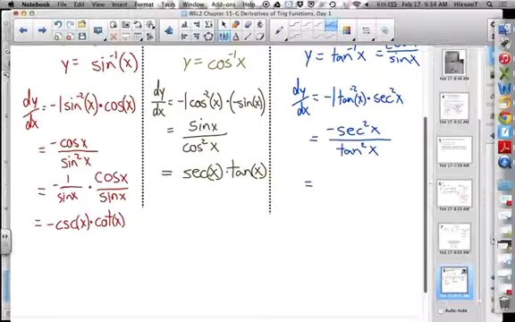What I would do is I'd change everything to sines and cosines. So secant's 1 over cosine, right? So that's a negative 1 over cosine squared divided by sine squared over cosine squared.